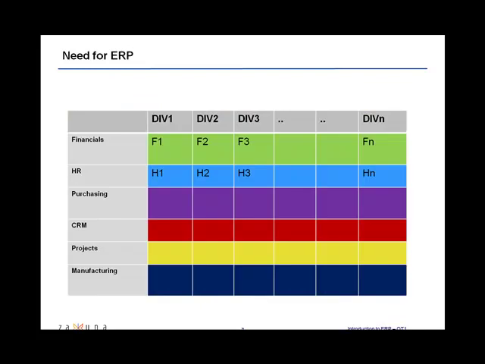Right. Now, if we take that to the next level, where an organization like GE has multiple divisions or companies, and each division has its own set of systems, at the end of the day you have a company with all these disconnected systems.